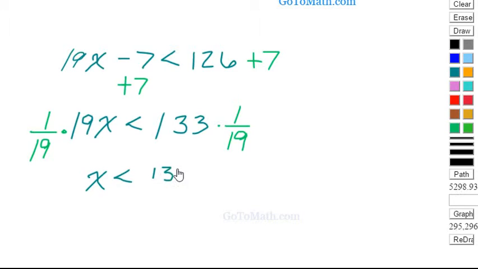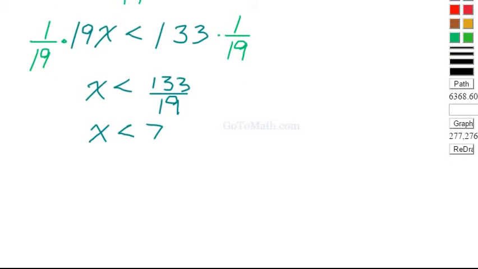And 133 over 19 should reduce down to what? Let's see, 27. No, it's 63. Okay, yeah.